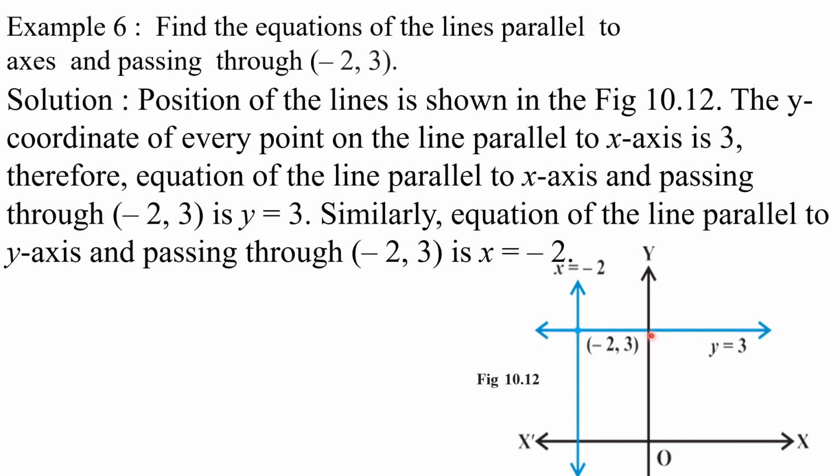Here minus 2, 3 is the given point. If we take a line which is horizontal at a distance of 3 units from the x-axis, this point is at a distance of 3 units from the x-axis and at a distance of 2 units from the y-axis.